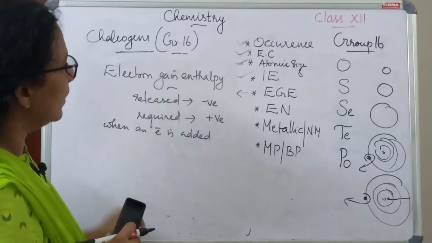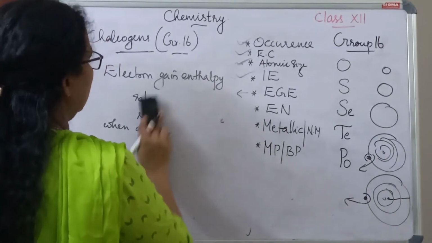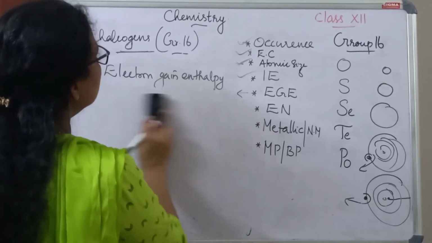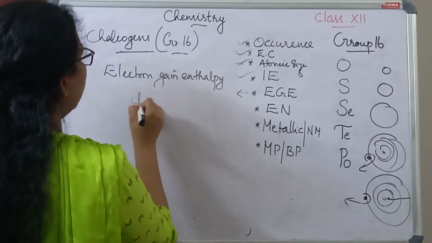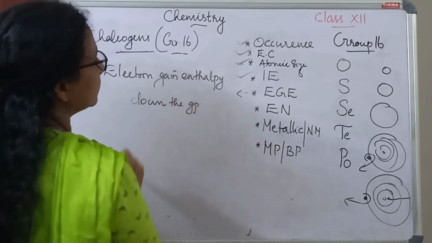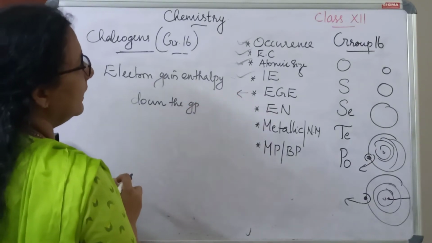Now we check whether it is increasing or decreasing down the group. Down group 16, what happens to the electron gain enthalpy?